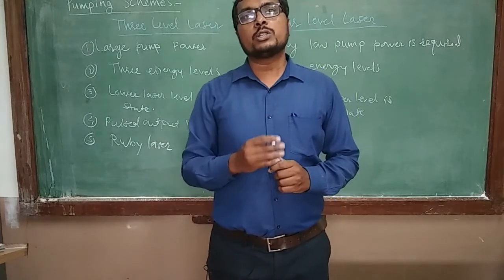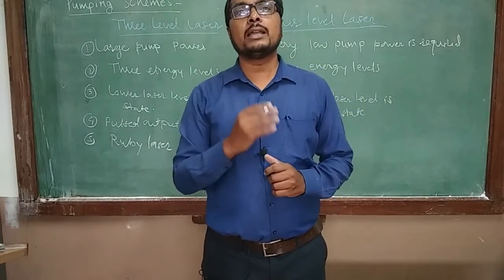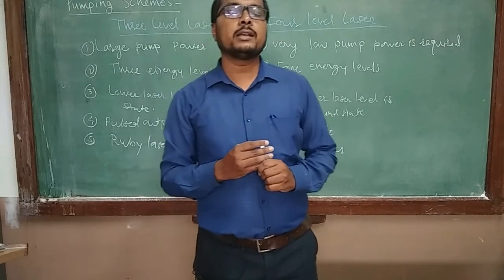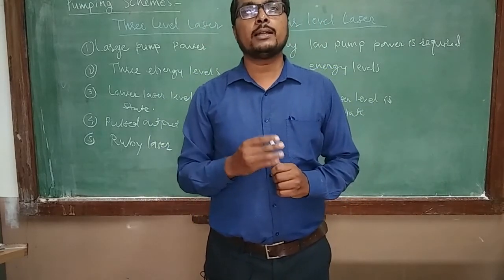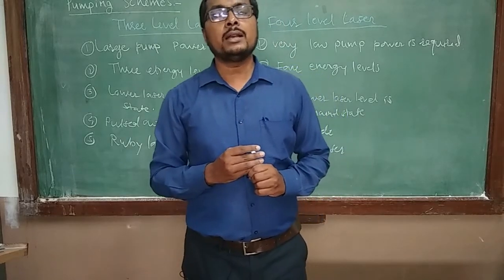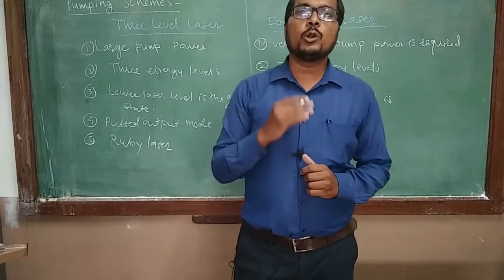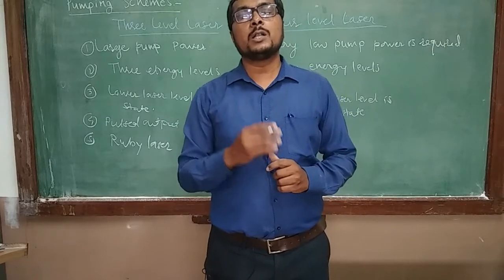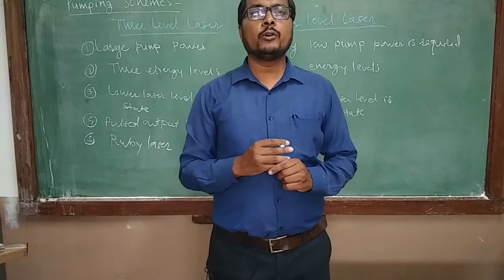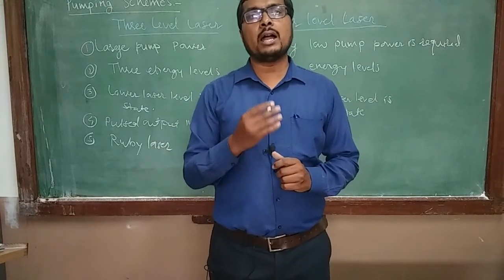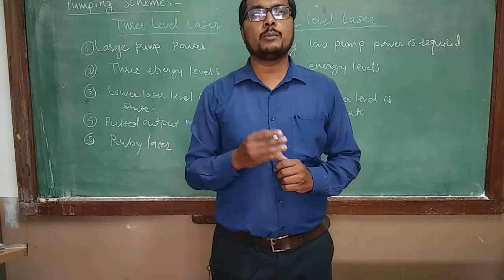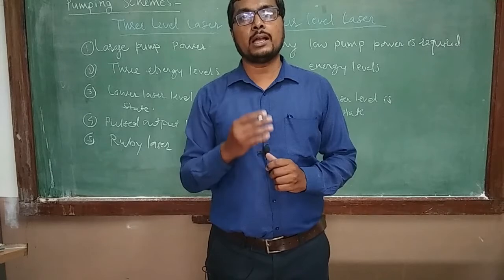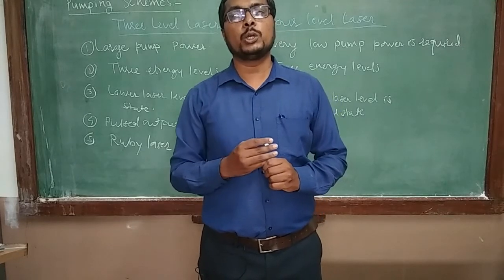Now, we have also studied the 4-level laser. In the 4-level laser, the terminal laser level is not the ground state, and the lower laser level is virtually empty, and therefore, if we pump very few atoms to the excited state, they are available for lasing action, and population inversion can be easily achieved between level E3 and E2.